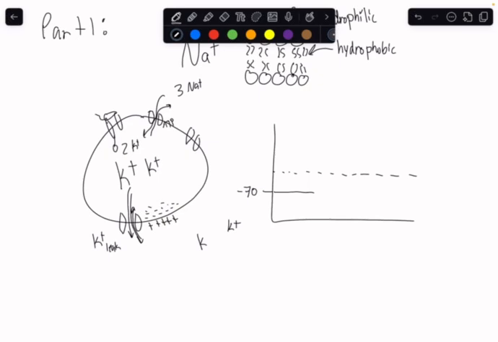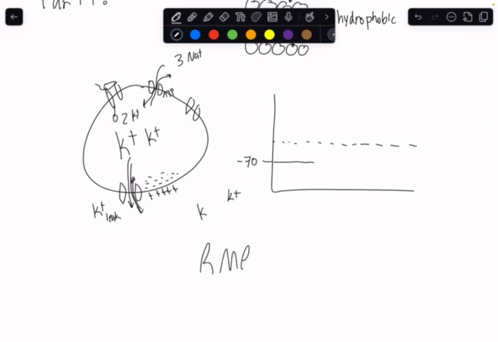But unless we get up there, they're not really doing too much, and sodium's not able to really permeate through the cell membrane.